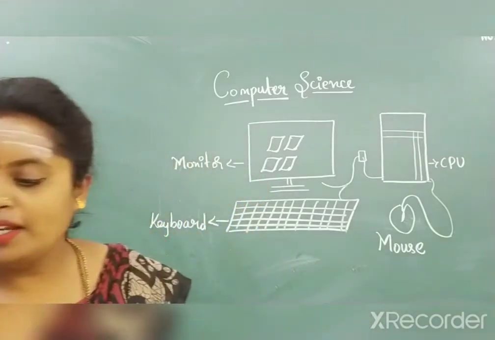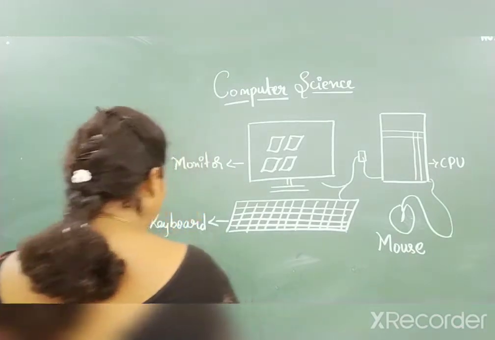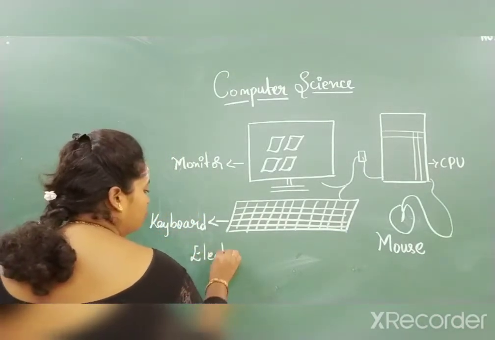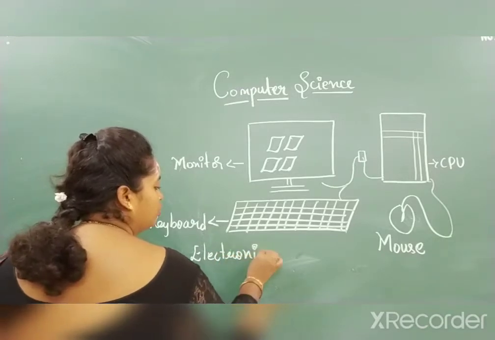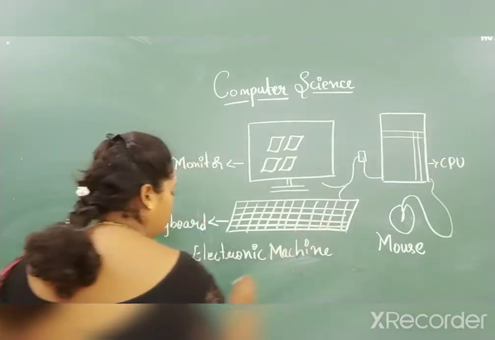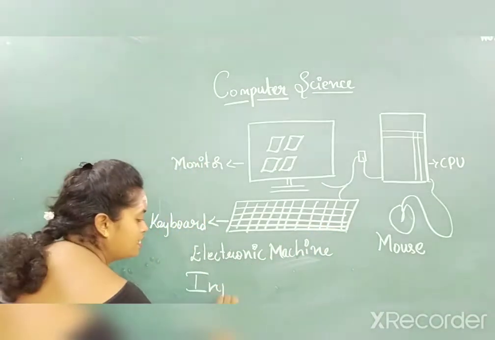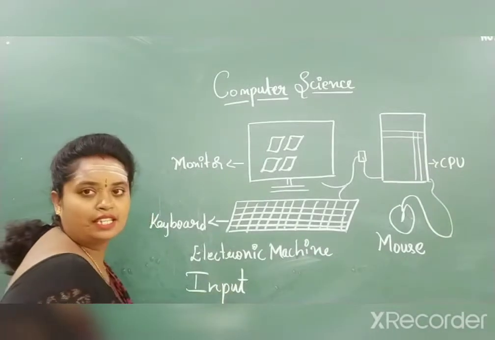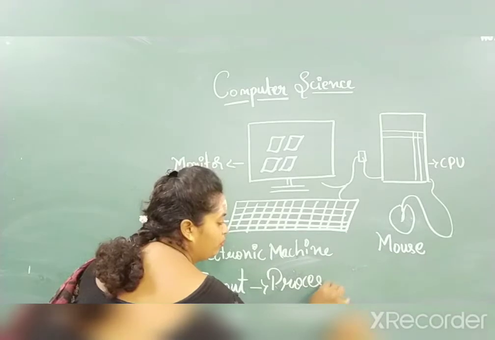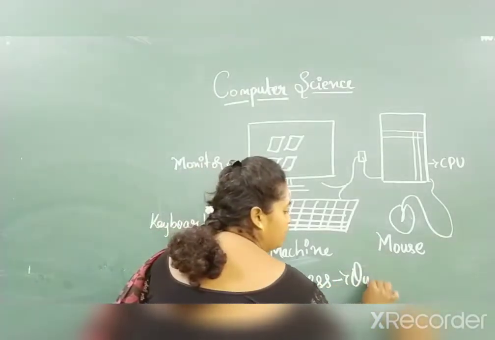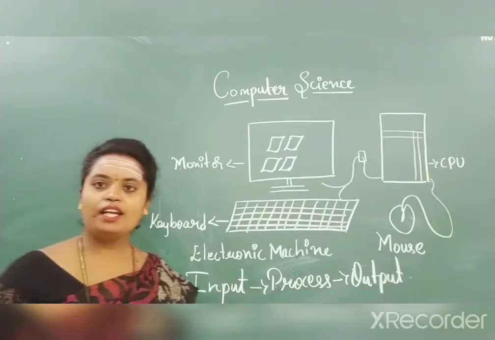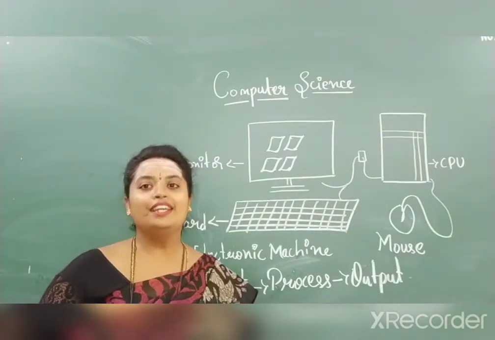So children, a computer is an electronic machine or device which takes in the input, processes it and gives out the required output. Yes children?